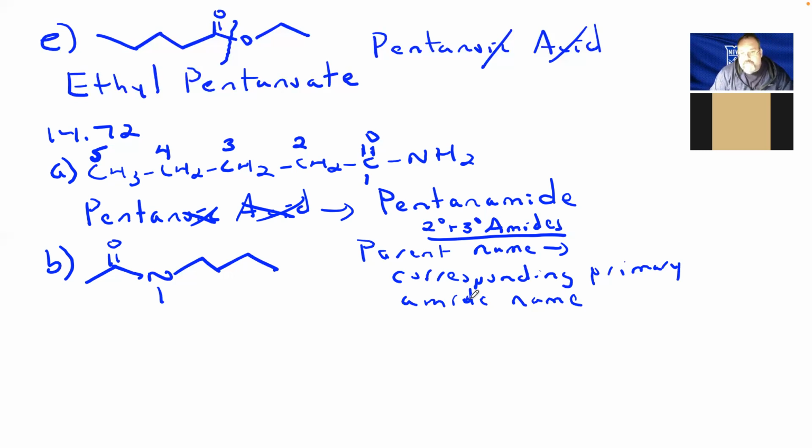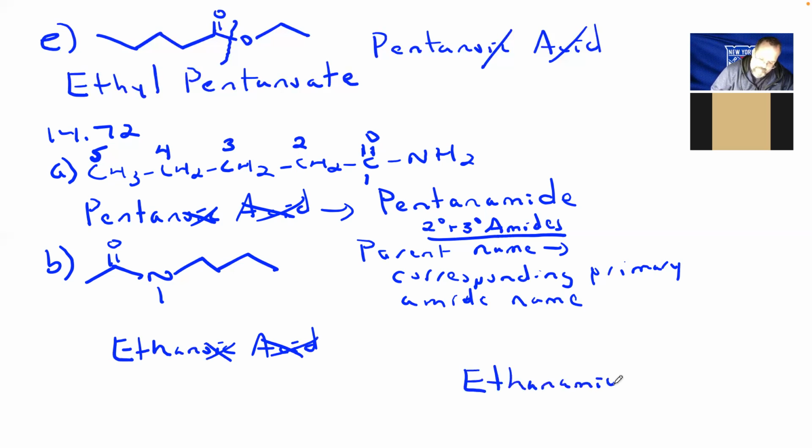We pretend that the nitrogen actually has 2 hydrogens attached to it. So if that's the case, what would be the name of that primary amide? Well, you'd have CH3, C double bond O, NH2. And if we go back to letter A, we would actually treat that as a carboxylic acid. So a 2-carbon carboxylic acid would be known as ethanoic acid. Take out the OIC, take out the acid, and that becomes ethanamide. So the parent name for the compound is going to be ethanamide.